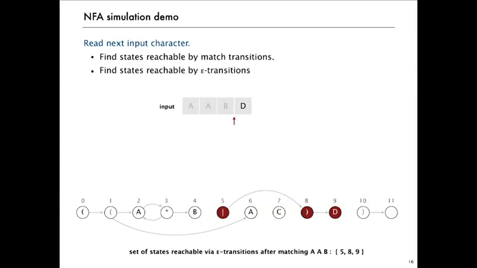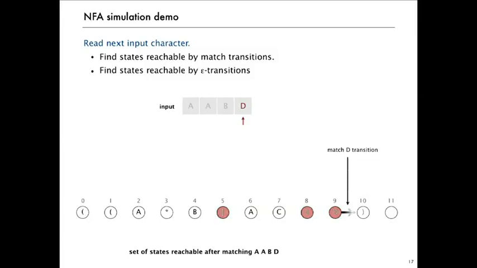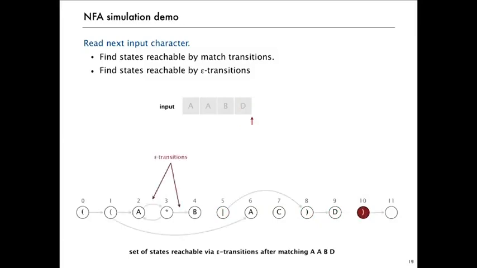So now to finish up this example, the only state out of those 3 that matches D is state 9. And so that's a match transition that reads the D. And the only place you could be after matching AABD is state 10. And then now we follow epsilon transitions. And that epsilon transition could take us to 11. So the only places the machine could be after matching AABD are 10 or 11.